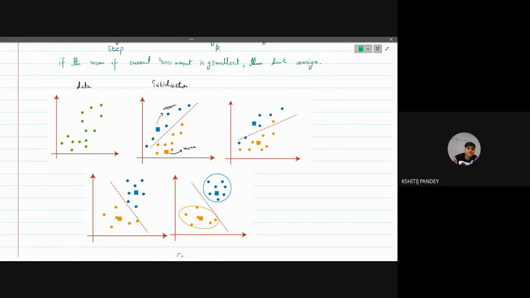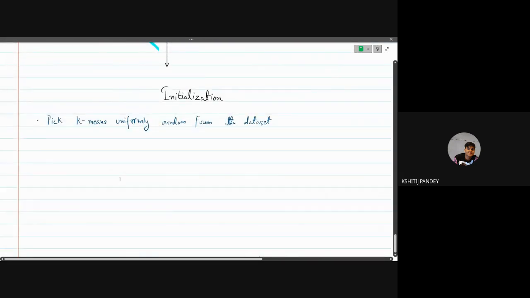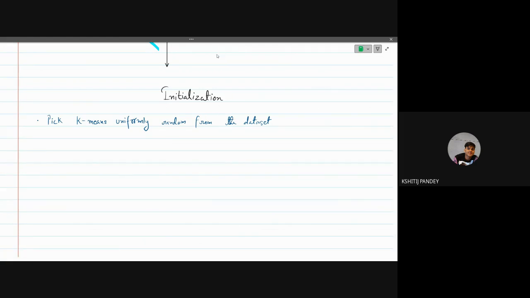Yes. So we are choosing k means uniformly at random from the data set. This is one method. If there are 10 data points and k means two clusters, we select any two of the 10 as means.